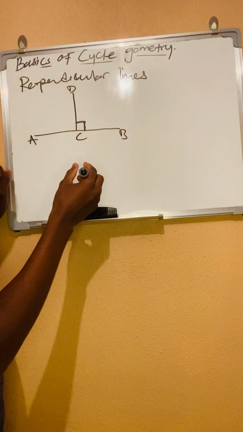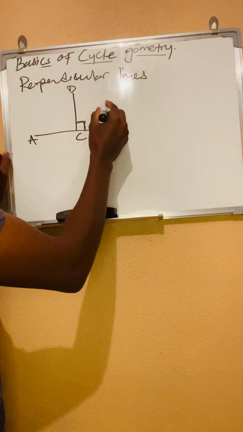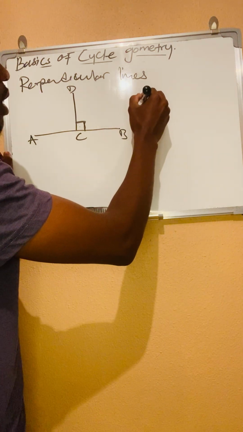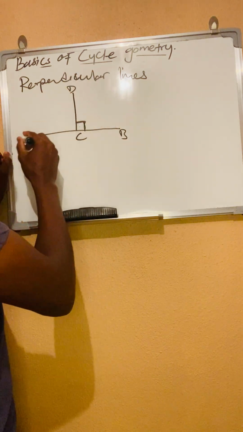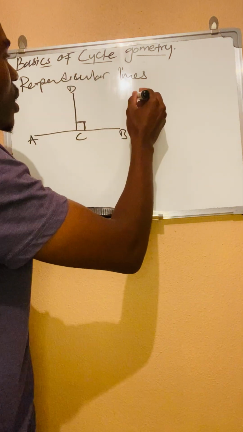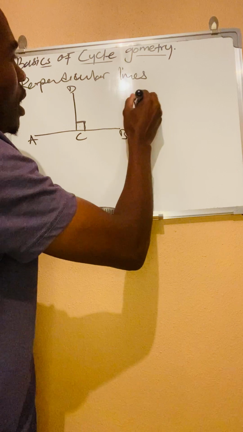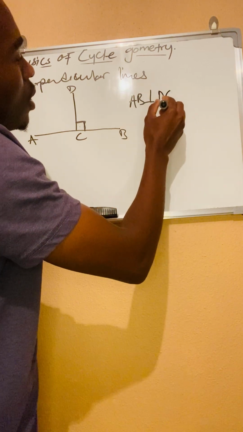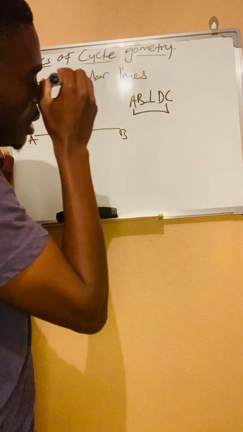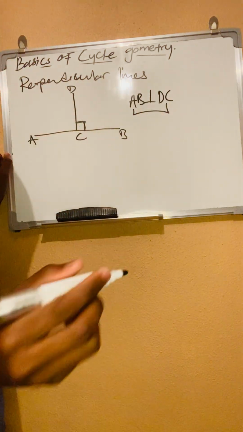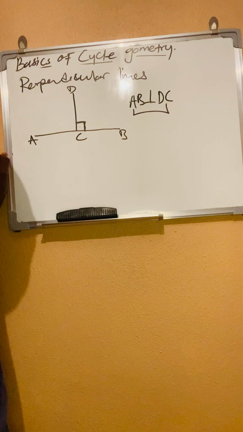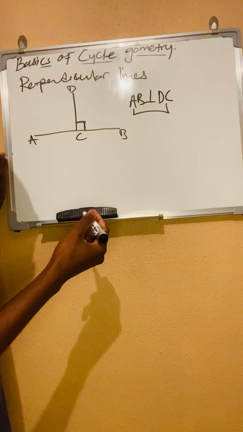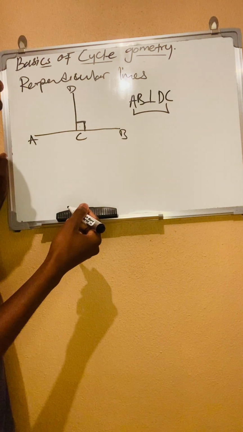What do you have to know about this line? If you want to say AB is perpendicular to DC, you're gonna just say AB is perpendicular to DC. This is how you write it. When we talk about perpendicular lines, we are talking about lines that form an angle of 90 degrees.